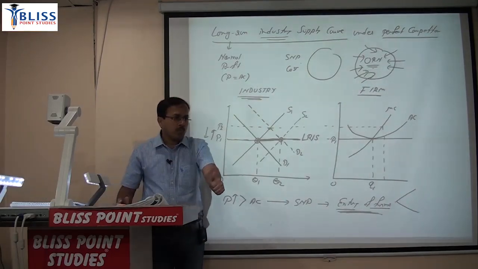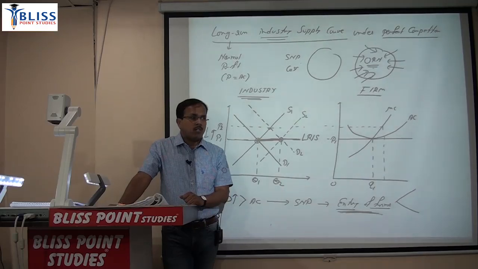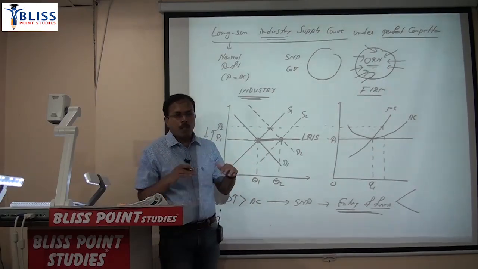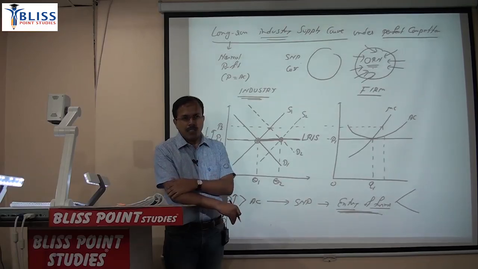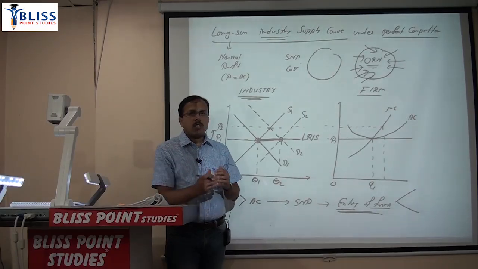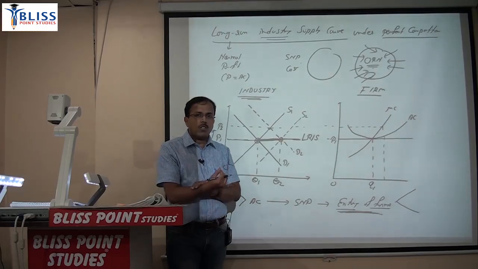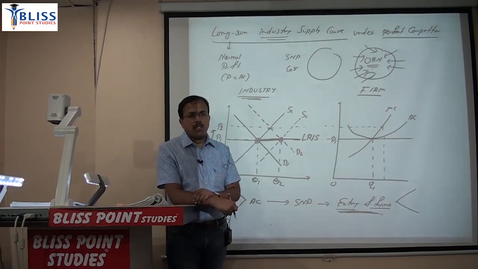You require that space. So as more firms enter, what will be the impact on rental cost? The space is not increasing, the number of firms is increasing, so what will be the impact on rental cost? It will rise, and it will rise significantly. As rental cost rises, the cost of providing classes will also rise. So is it a case of constant cost or increasing cost? It is a case of an increasing cost industry.